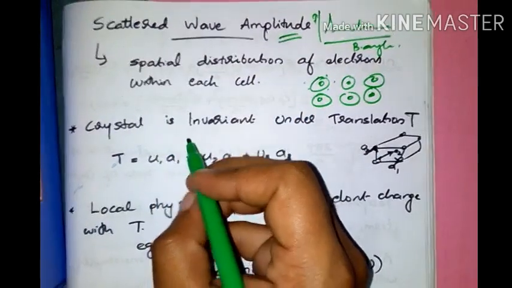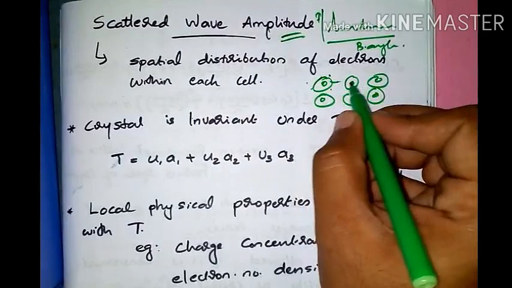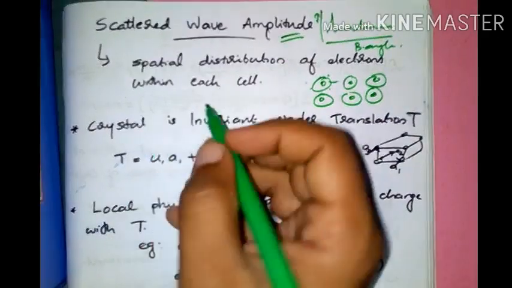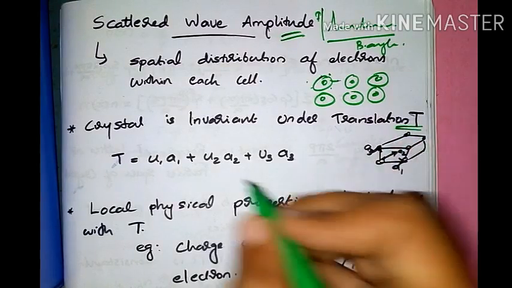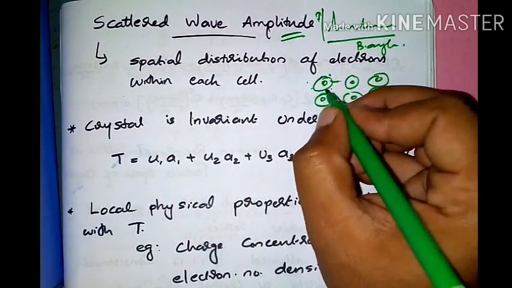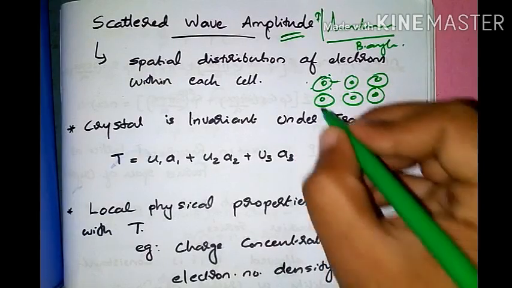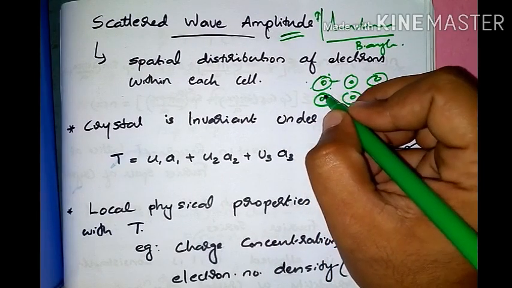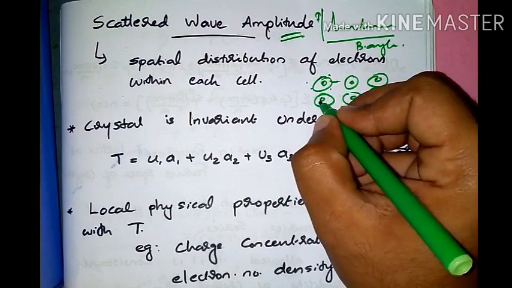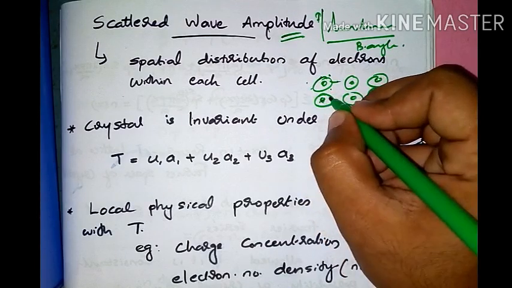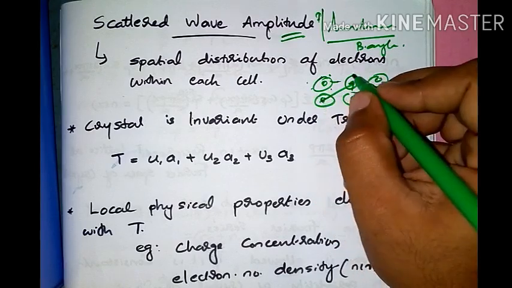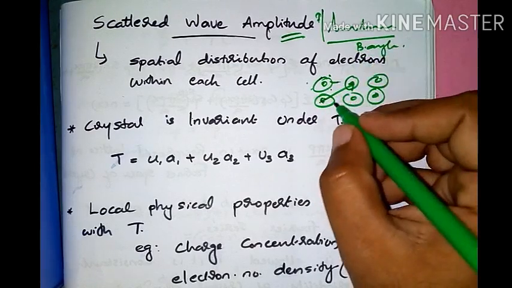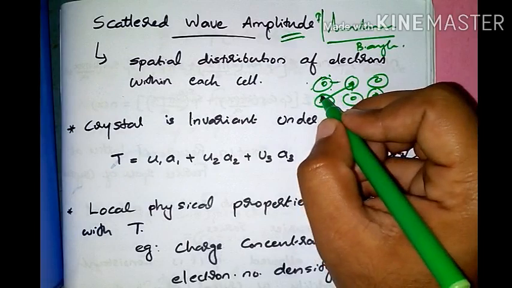Now in a direct lattice like this, a crystal is invariant under translation operation T. A translation operator is a vector that takes us from a lattice point like this to another lattice point which has an identical environment as the first lattice point.